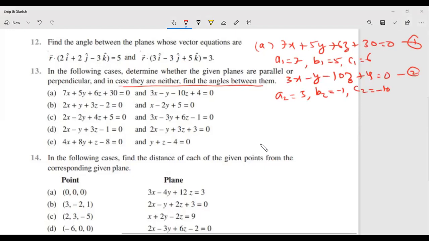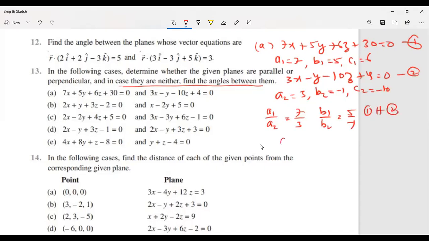Parallel means a1 upon a2 equals b1 upon b2 equals c1 upon c2. First check a1 upon a2, that is 7 upon 3. Then b1 upon b2, that is 5 upon -1. They are not equal. So you can say plane 1 is not parallel to plane 2.